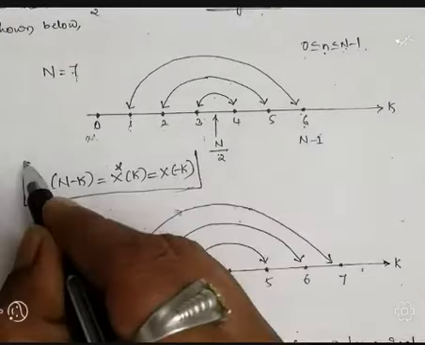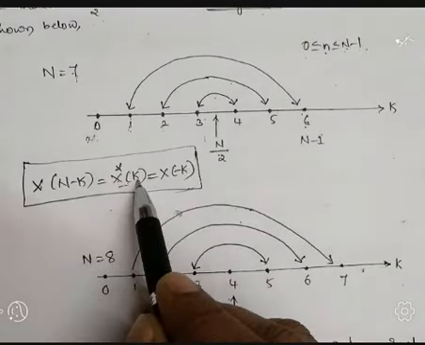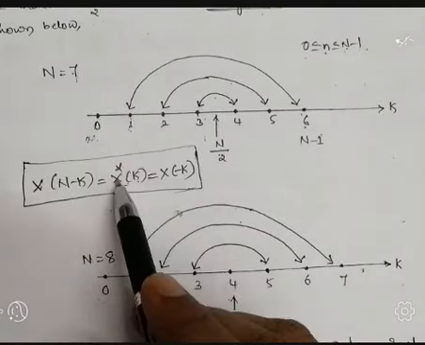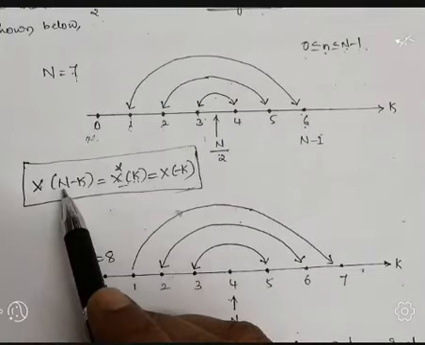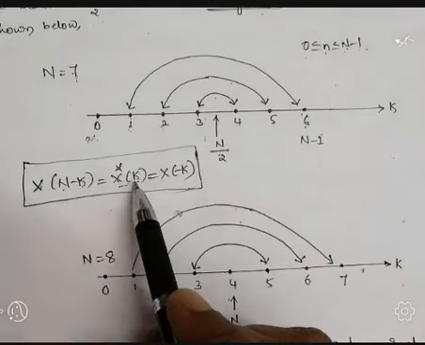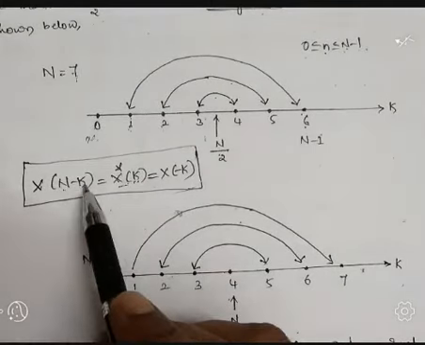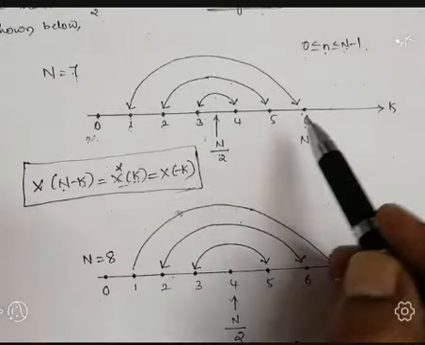We are discussing this with the help of an example. The complex conjugate of x of k, with k equal to 1: the complex conjugate of x of 1 is equal to x of 7 minus 1. Here we took k equal to 1, so 7 minus 1 is 6. So the complex conjugate of x of 1 equals x of 6.